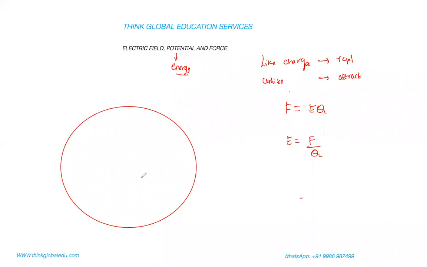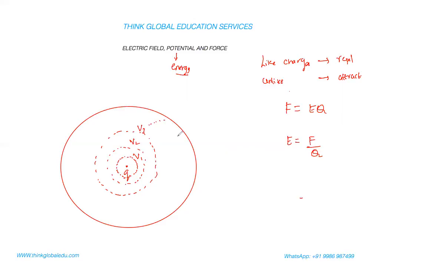I can expect that the potential in a region nearer to the charge is V1, the potential here is V2, and the potential here is V3, and so on.